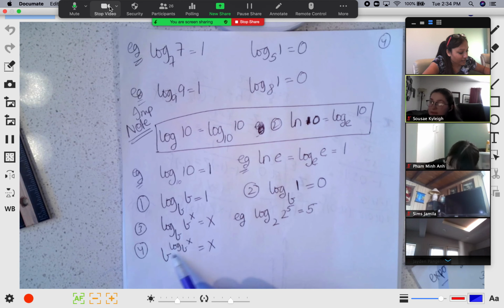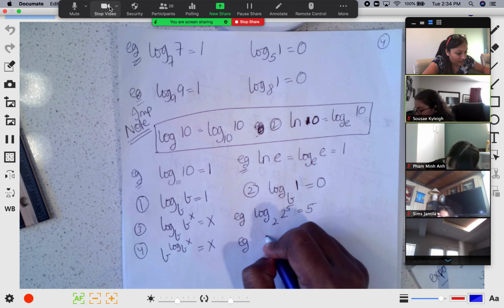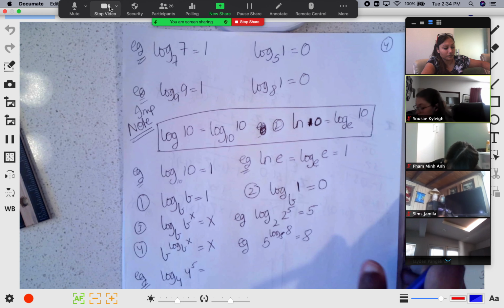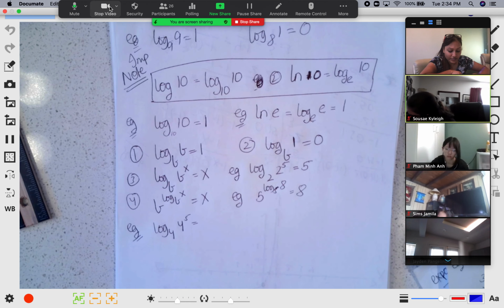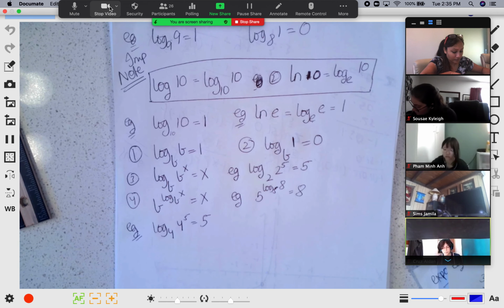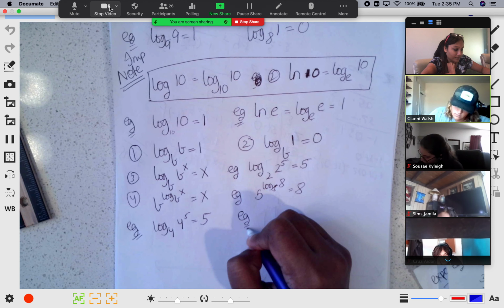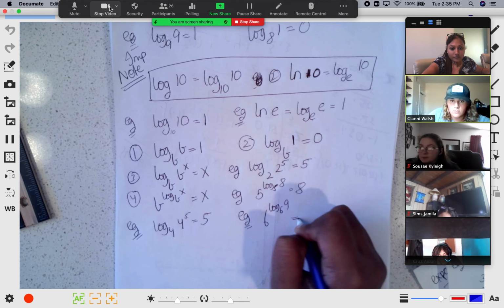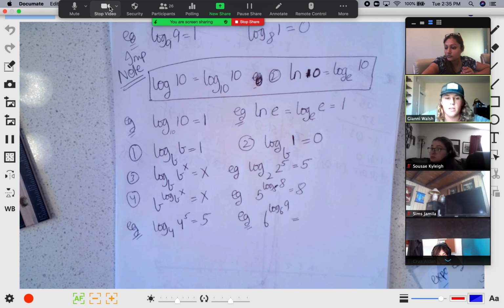So example, what's the value of 5 to the power log base 5 of 8? Since my bases are the same, it is 8. Really good. Okay, Gianni, the next example is 6 to the power log base 6 of 9. It would be 9.